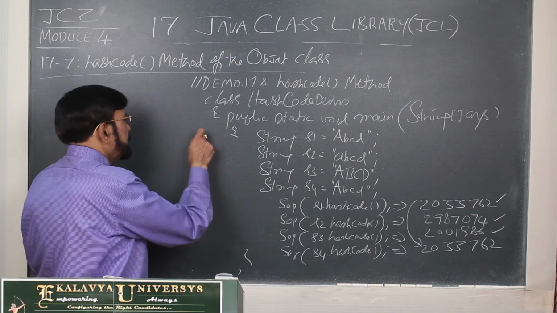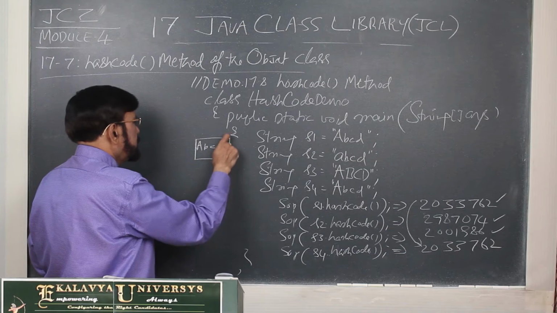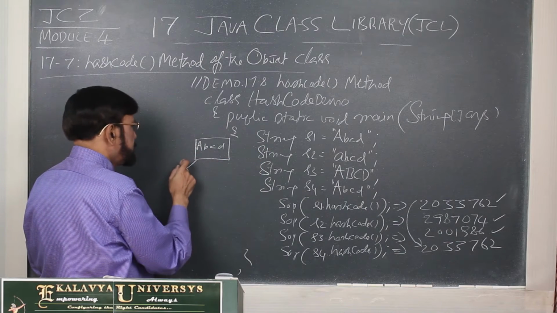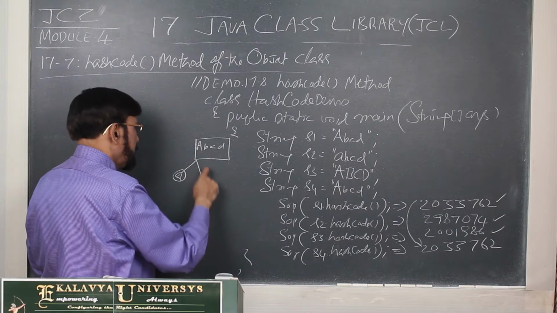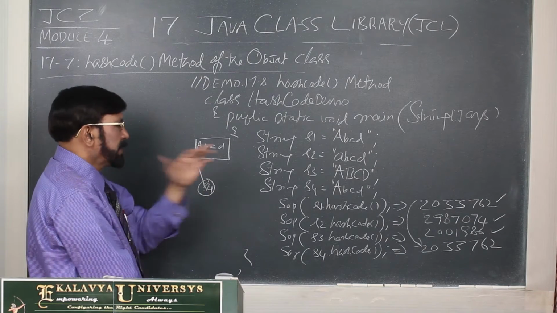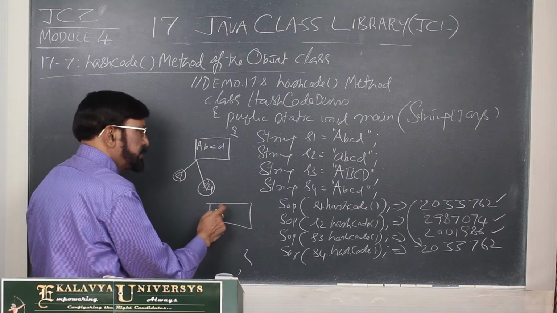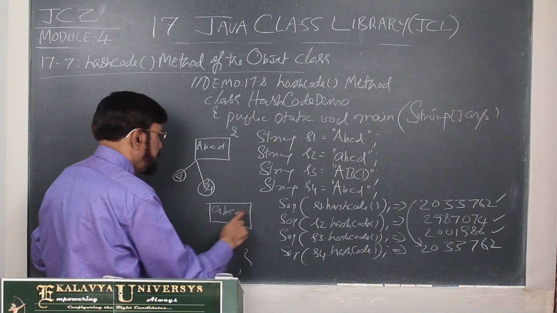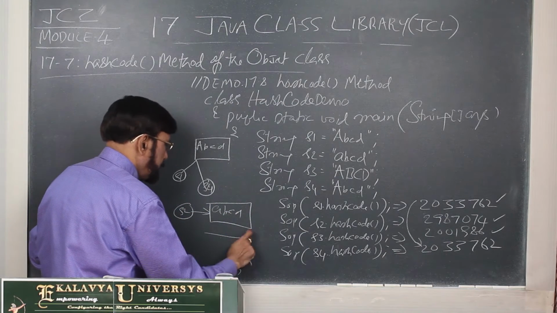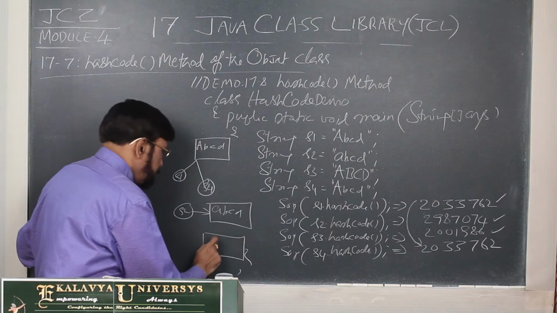Now, this is ABCD, for this is S1, and this is S4. As far as S2 is concerned, ABCD, that has unique content.